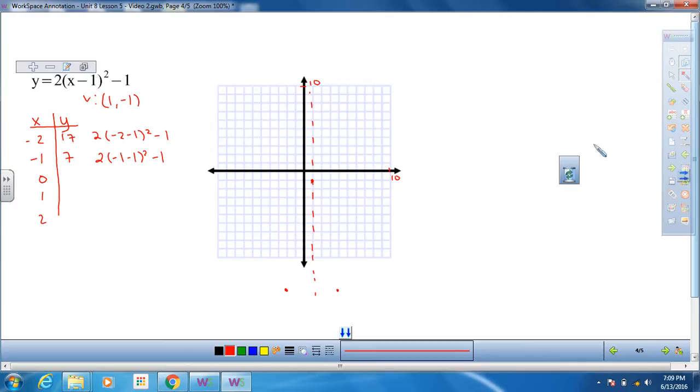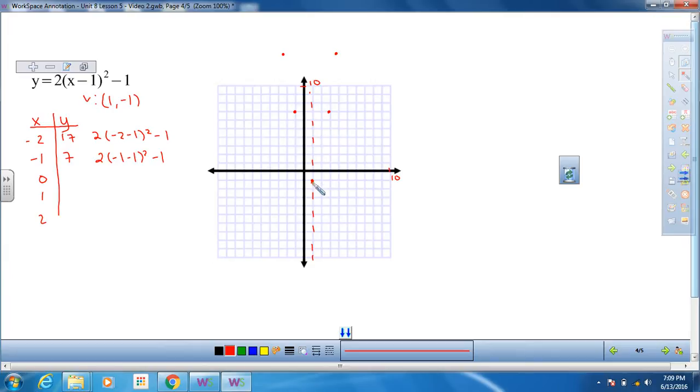Oh, wait. I'm sorry. These aren't negative. Okay, sorry. So -2, 17 would be up here somewhere. And then -1, 7. And then remember these can be matched on the other side of your axis of symmetry.